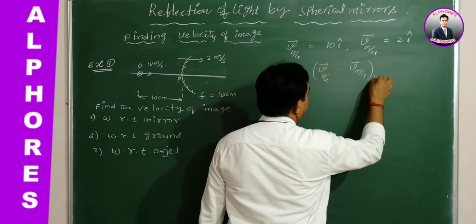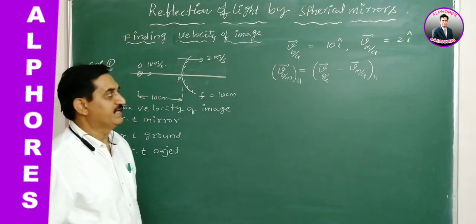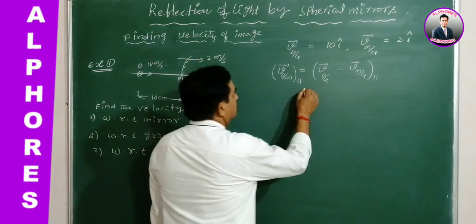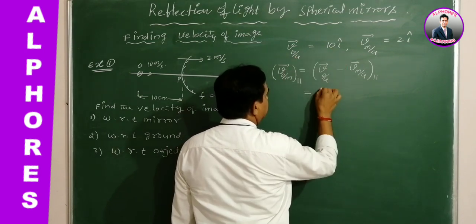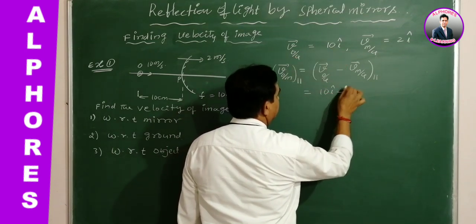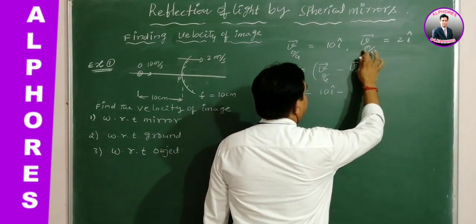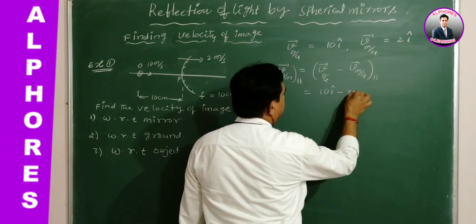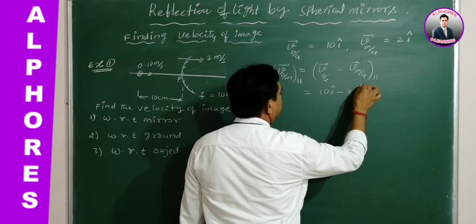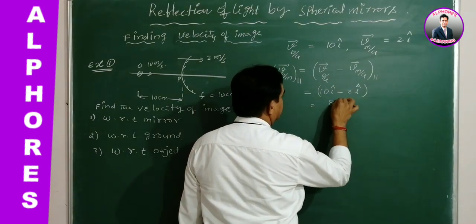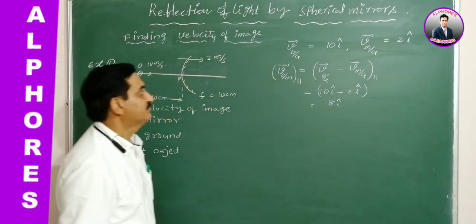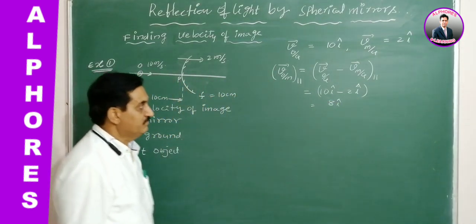These two are components taken parallel to the principal axis, right? So object with ground parallel component is 10i minus mirror with ground 2i. This gives 8i. This is the velocity of object with respect to mirror.